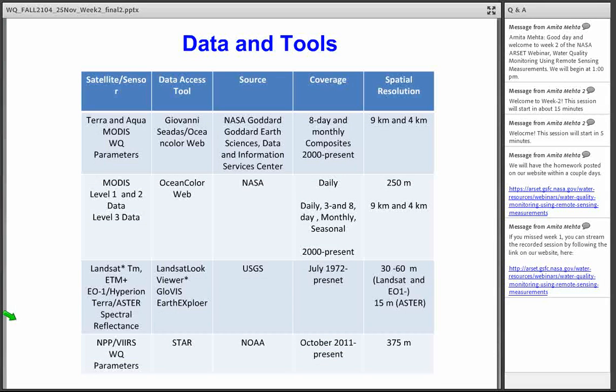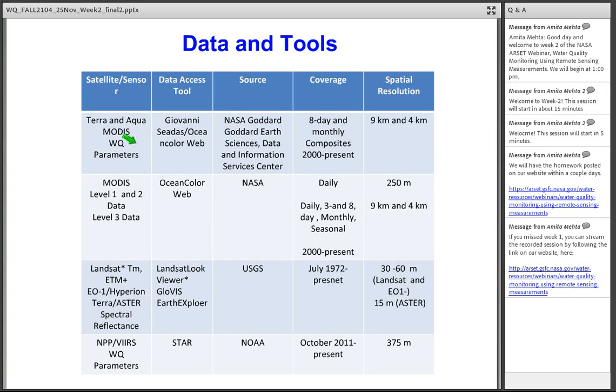Okay, so what we're going to do is look at a few tools listed here. For Terra and Aqua MODIS, we're going to look at a tool called Giovanni and Ocean Color Web. These are both available from NASA Goddard Earth Science Data Information Services.